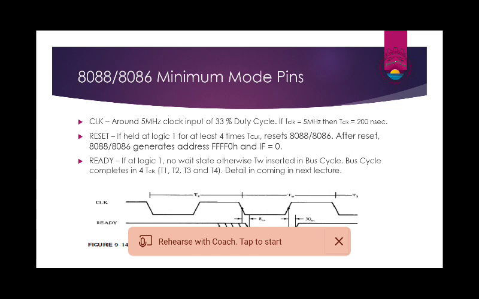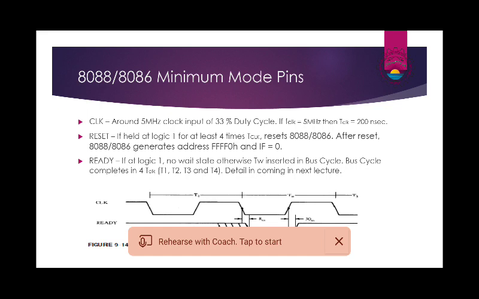Now we come to the second input pin, that is the reset input. If you want to reset the microprocessor, a logic 1 is to be applied at the reset input for at least 4 times the T clock.